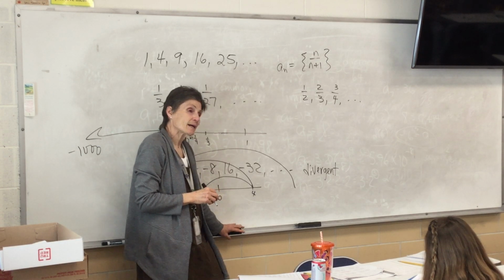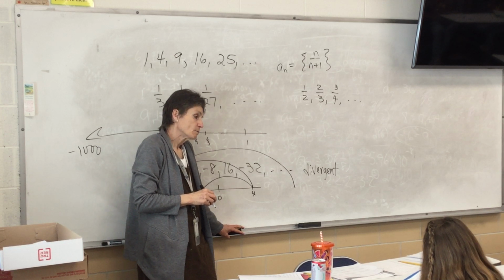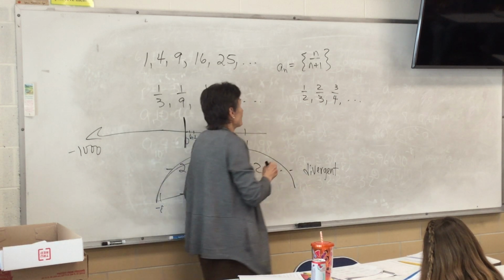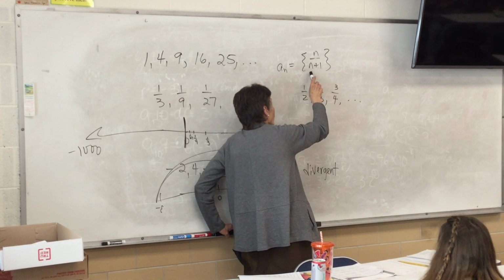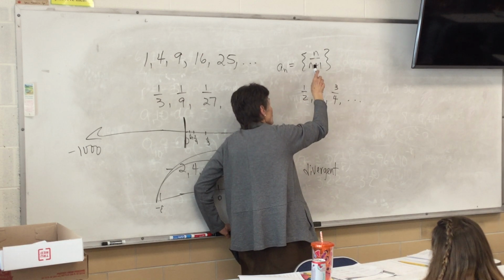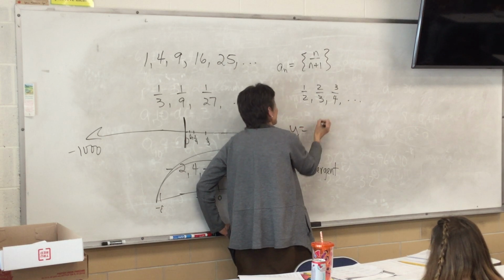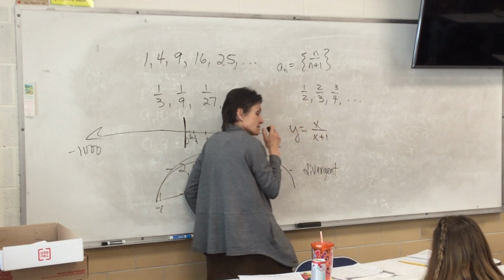I want you to dig back in your brain, a long time ago. Actually, it wasn't that long ago because we did it again in chapter 7. If I said to you, what is the horizontal asymptote of this fraction? So if we were graphing x over x plus 1, and I said, what's the horizontal asymptote?